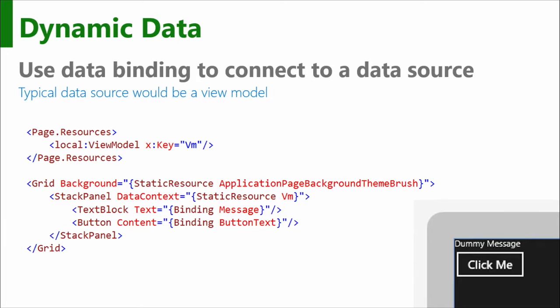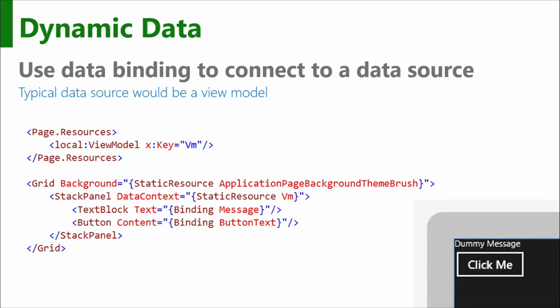Yeah. So this rather contrived example is the screen from before with the text block, and below it a button, but in both cases the text that you're seeing on the screen has come from some class. You can see TextBlock Text equals, and then in the quotes we've got Binding Message. And then the content for the button is Binding ButtonText.